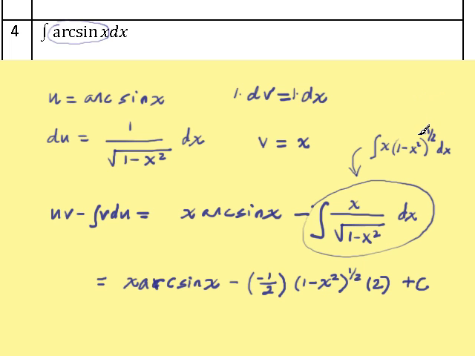We could have put u equal to 1 minus x squared, and this is what we would have gotten. All right, let's simplify this just a little bit. Here, actually, minus minus, that's plus. And here we have a 2 that cancels with that 2. So we end up with plus 1 minus x squared to the 1/2.